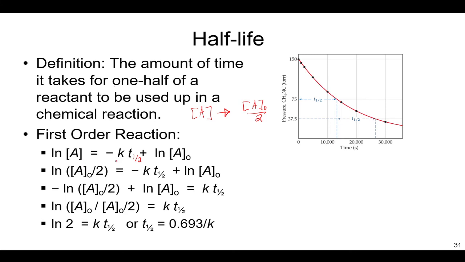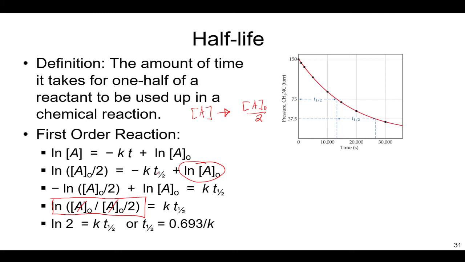And now since we have natural log of A naught and a natural log of A naught, the property of logs suggests when you subtract natural logs here, you can combine them, divide them out, right? You get a quantity like this. The A naughts will cancel, and you'll be left with natural log of 2 equals kt.